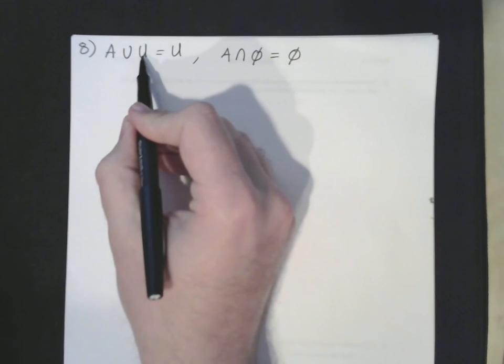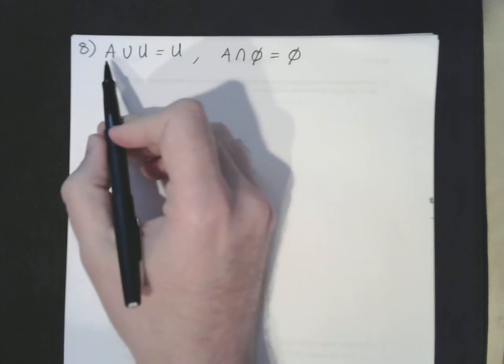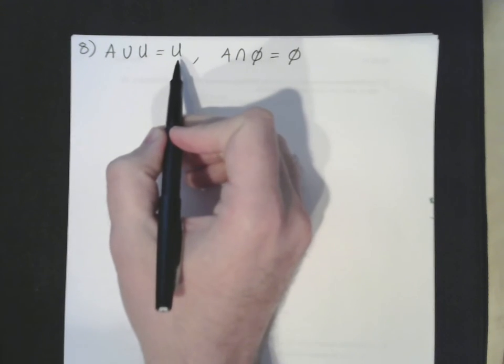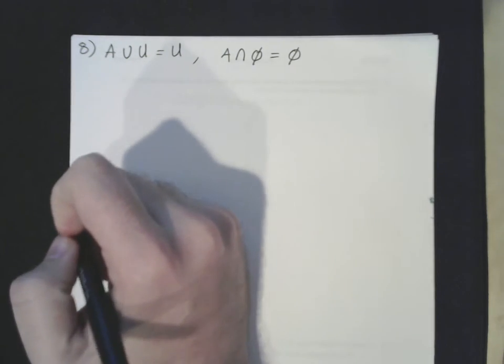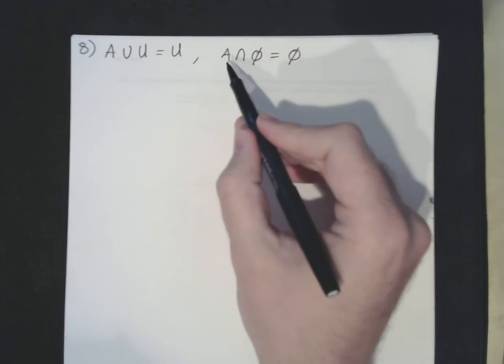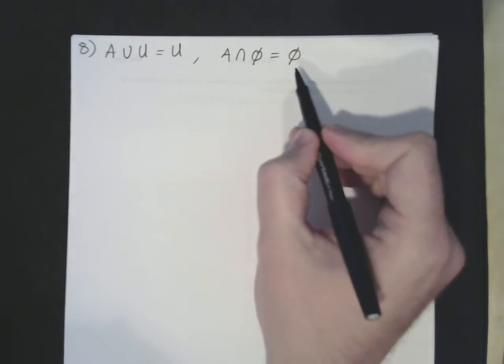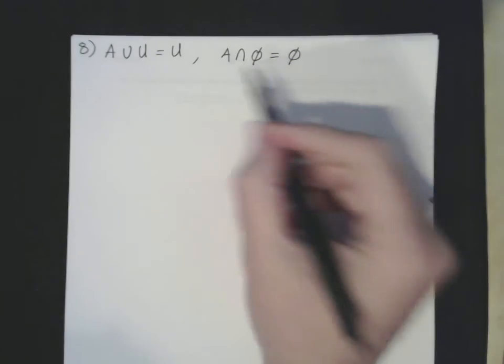So if you union everything from your universal set with a subset, you have everything in that universal set. And if you intersect any set with nothing, you still have nothing, because there's nothing to actually intersect with.